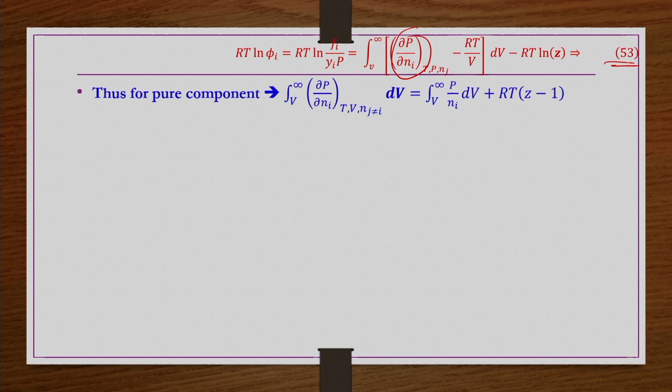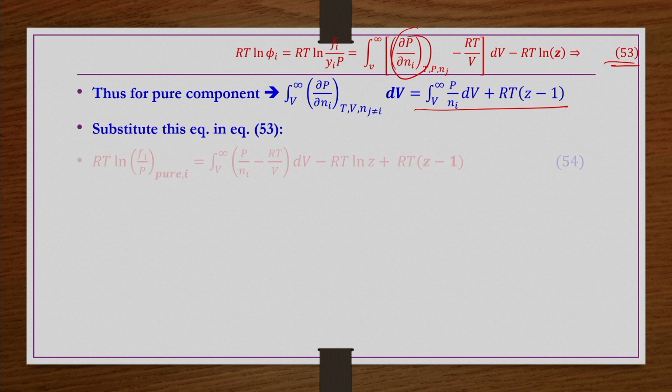That is, in place of integral dou P by dou Ni dV, we will write integral P by Ni dV plus RT (Z minus 1). So, integral P by Ni and integral RT by V we write together, whereas RT (Z minus 1) we have written separately, because it is not under integration.